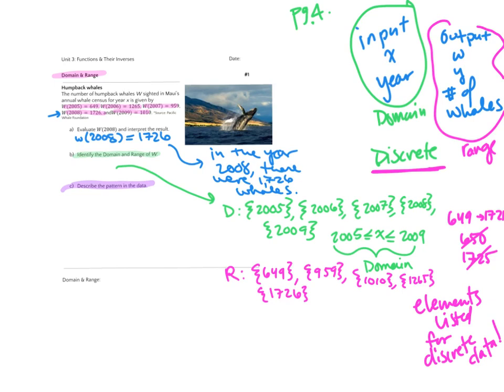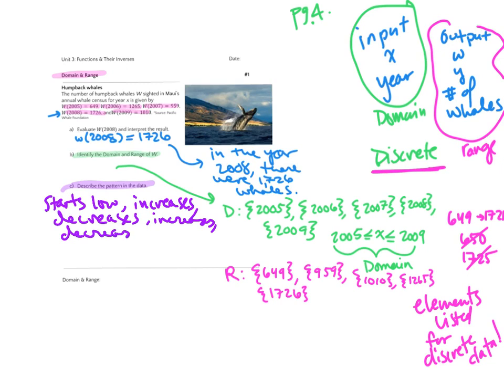Okay, last thing. Describe the pattern in the data. Well, I don't know. It starts low, which makes me sad. It increases. It decreases. And then increases. And then decreases. Okay, so that means to me what?